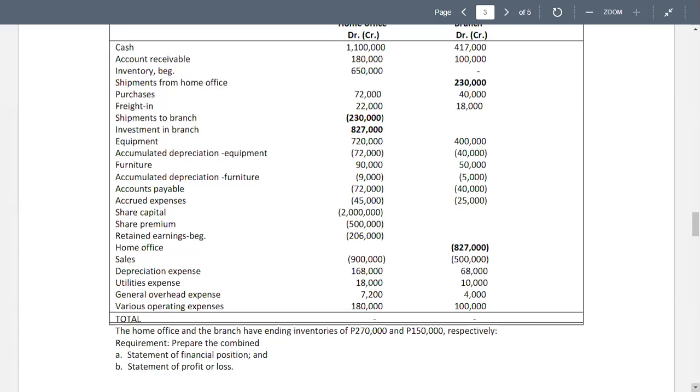So you are going to get the carrying value of 126,000. How much is the total current assets? Do you have it?